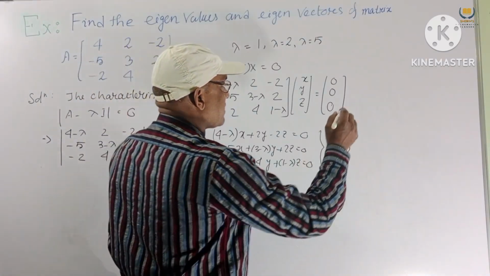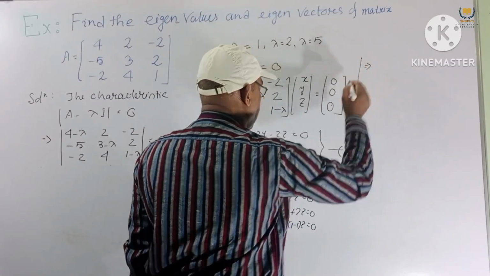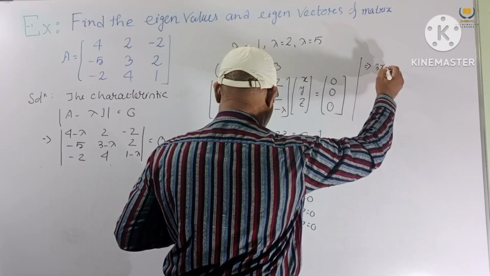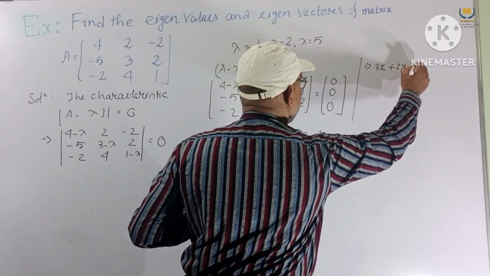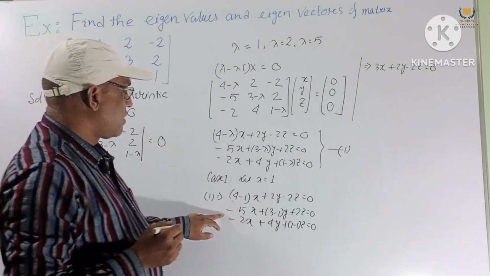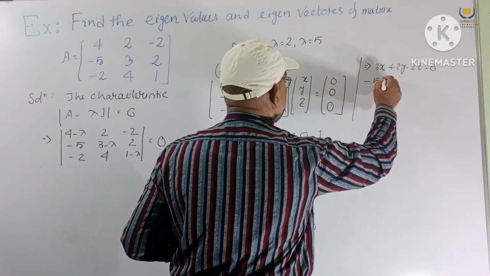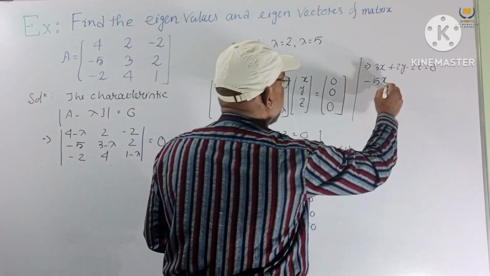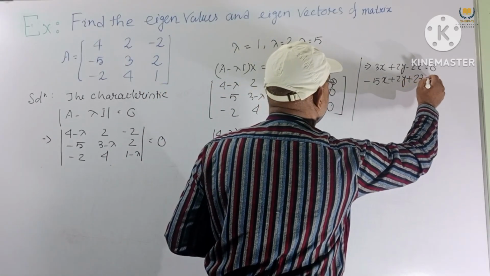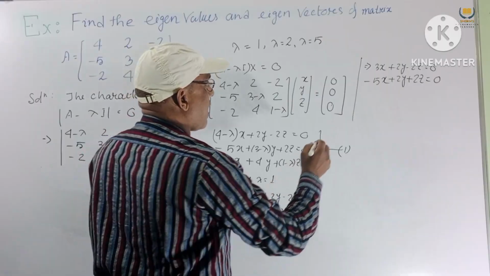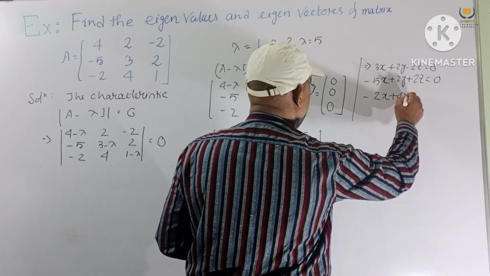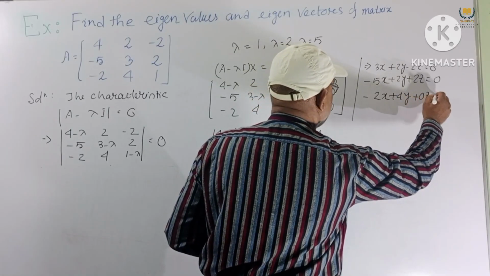This can be written as 4 minus 1, 3x plus 2y minus 2z equal to 0. 3x plus 2y minus 2z equal to 0, minus 5x plus 2y plus 2z equal to 0, minus twice x plus 4y plus 0z equal to 0.